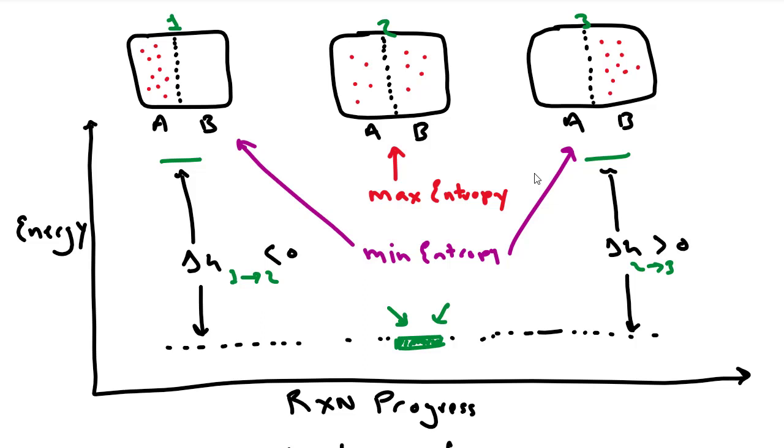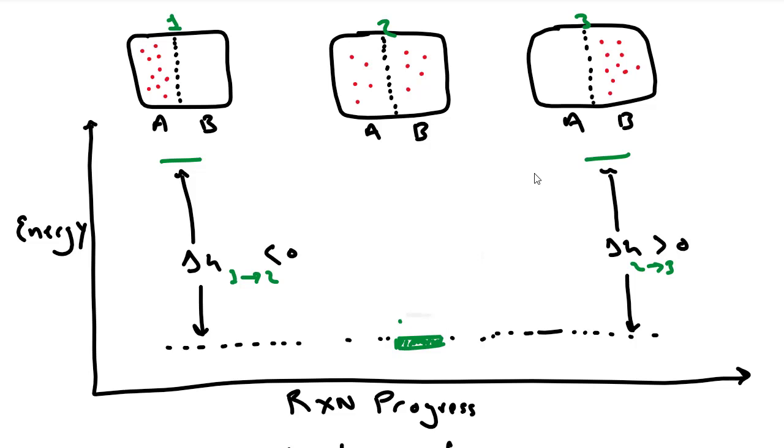If the system moves in either direction, so let me go ahead and get rid of this stuff so this doesn't get too busy. If the system tries to move in this direction or this direction, in both cases, it is ordering itself. So you will have a positive delta G, right? You might be saying, but you just told me delta G 1 to 2 is less than 0 and it's favorable.